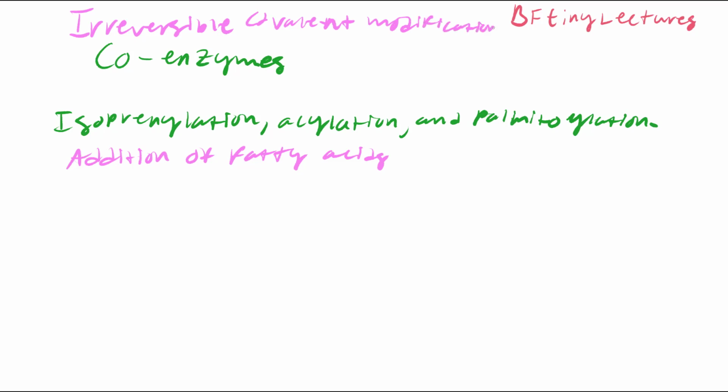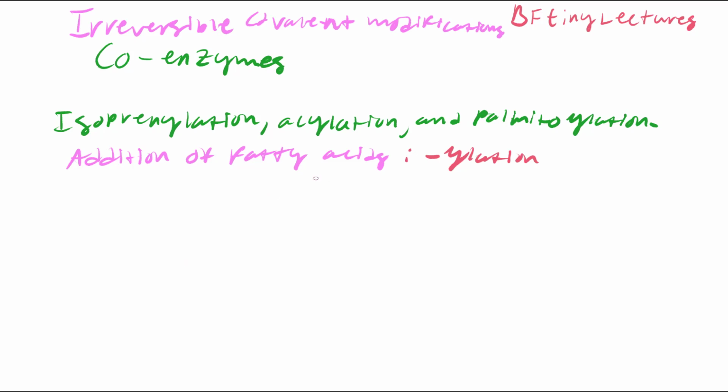In a textbook or on an exam, I don't know if it's going to be there, but if you see isoprenylation, acylation, or palmitoylation, so essentially anything with ylation, let's add that note right there because that's a very common trend. Anything with ylation, and specifically with coenzymes, you know it's going to be irreversible. You're going to be adding a fatty acid, okay? So that's it, right?